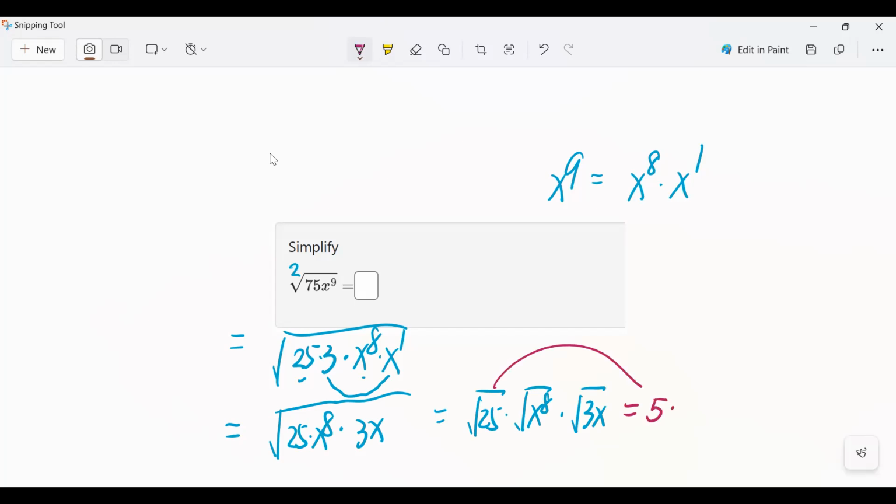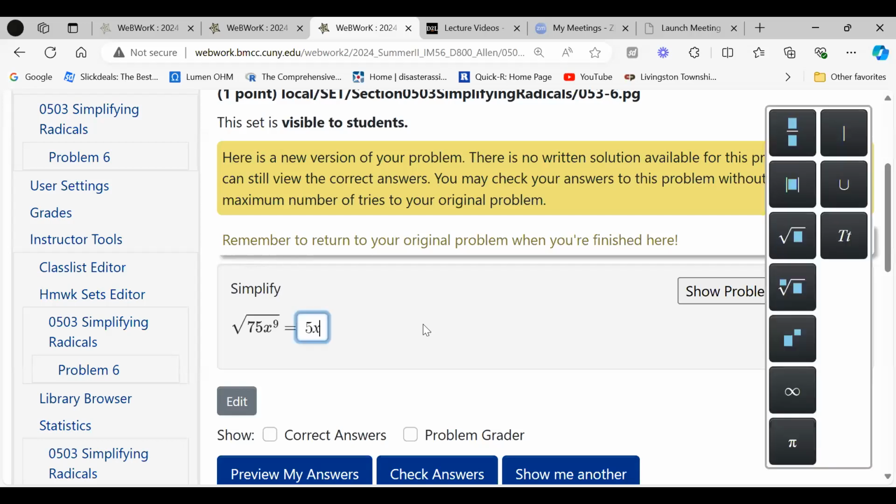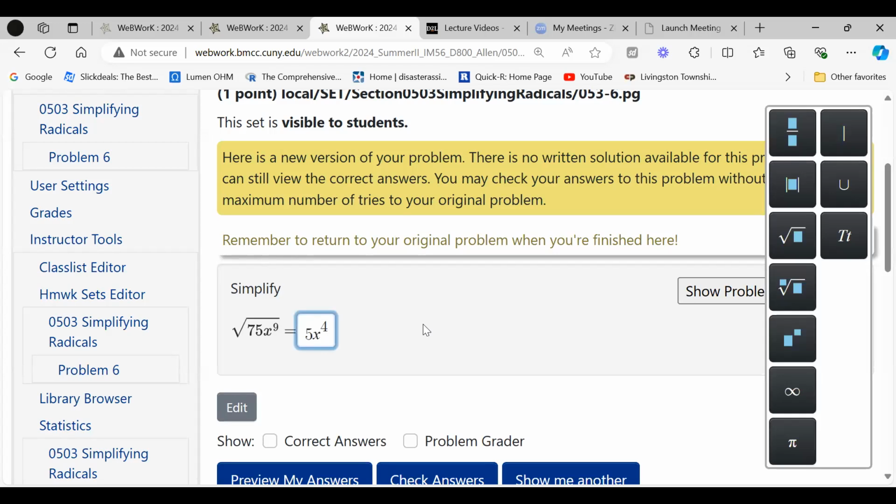The square root of x to the 8, you do 8 over 2, since the index is 2, so x to the 4. Then the square root of 3x. So that's how you simplify to the greatest extent: 5x to the 4th times the square root of 3x.